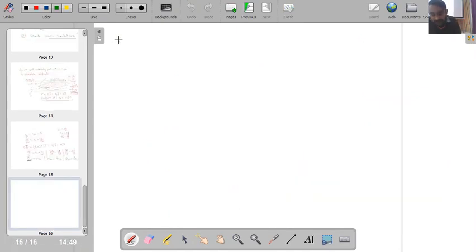Okay, so now let's do one thing. We will be multiplying equation 10 with a square, and we will be replacing phi bar terms with phi.